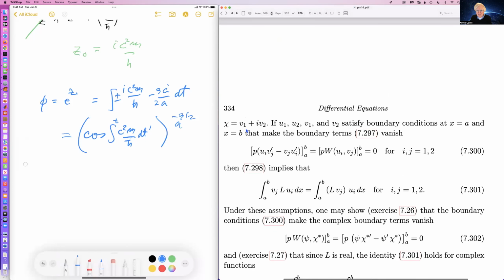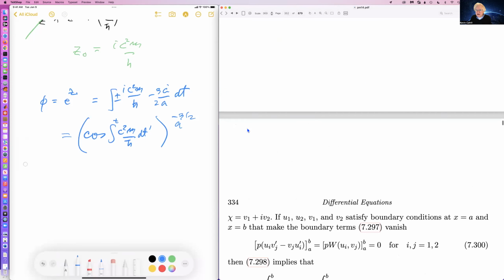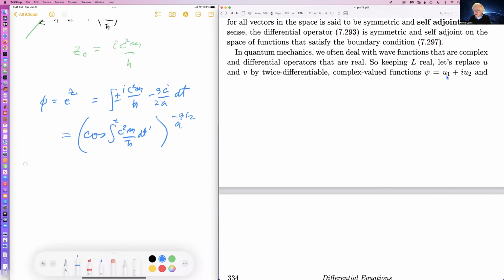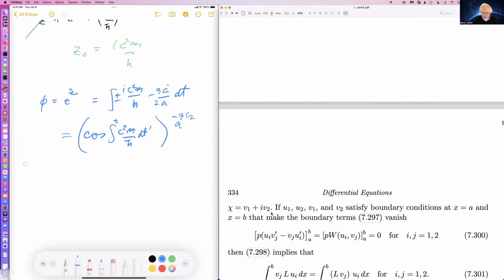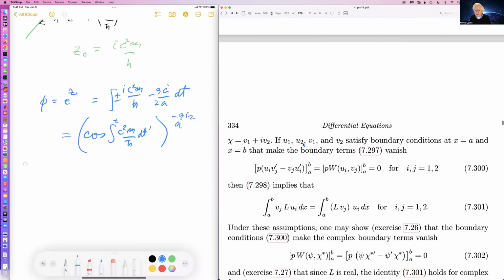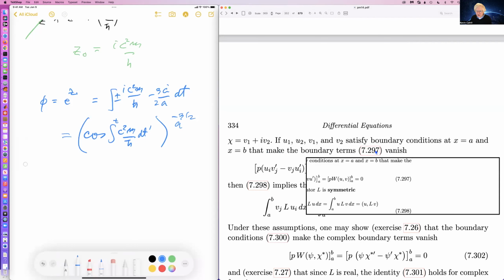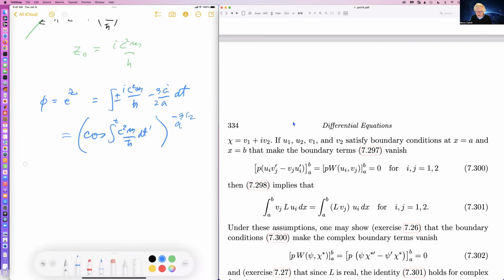And so we let psi equal U1 plus I U2, chi equal to V1 plus I V2. And now if the U's and V's satisfy the boundary conditions that make these boundary terms vanish, then what we have is that VJLUI is L VJUI for I equal to 1, 2.